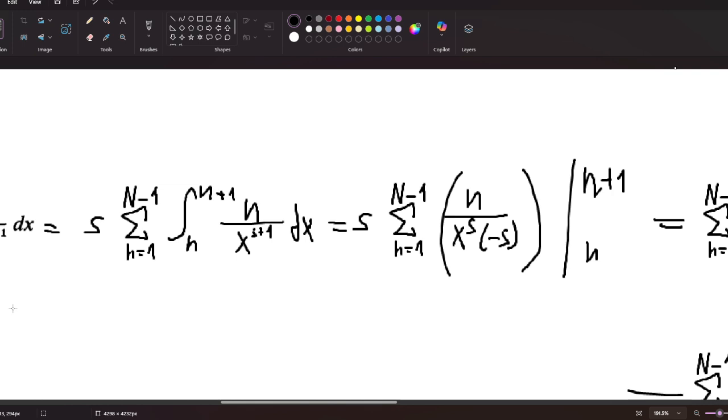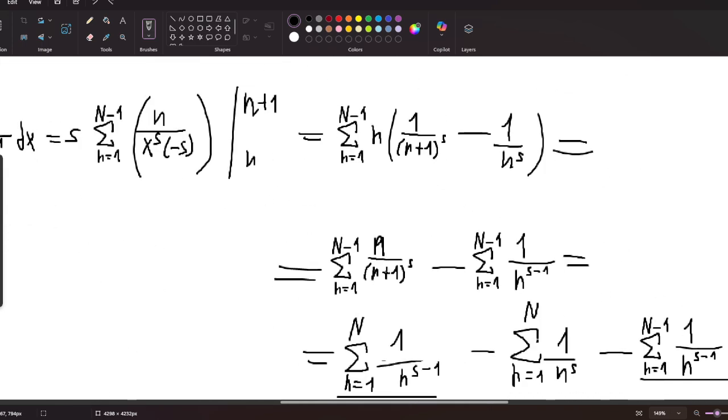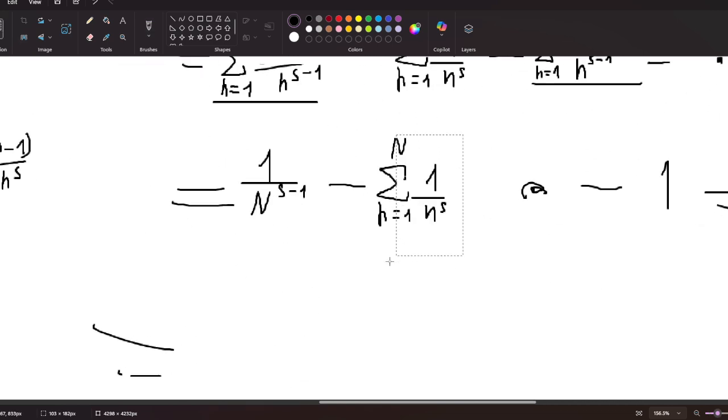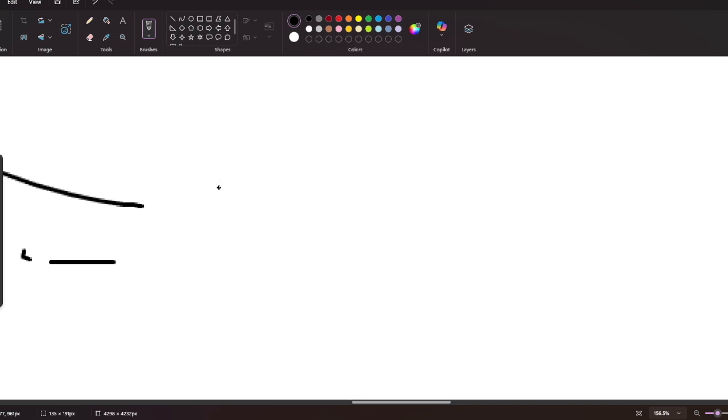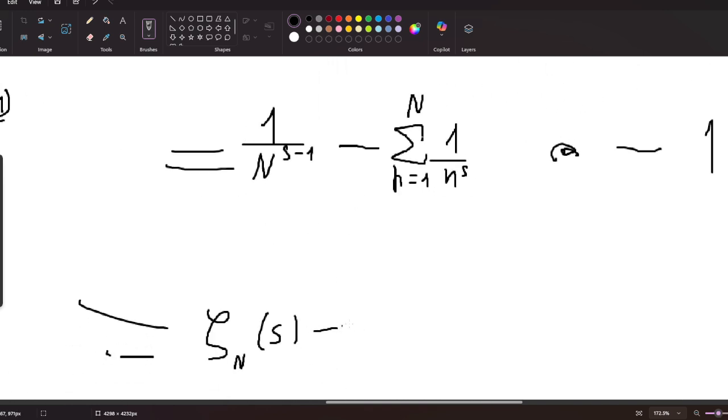Okay, I can see where I made the mistake. I forgot to bring out the minus while I was canceling out the s's, so in other words, let's write down times minus 1, and what we're getting is the partial sum of the Riemann zeta function up to capital N of s, minus 1 over N to the s minus 1.